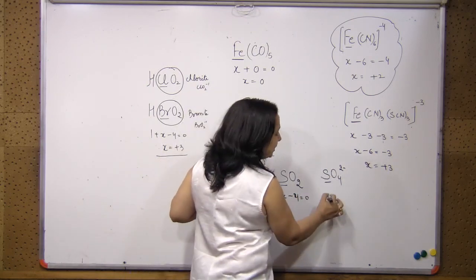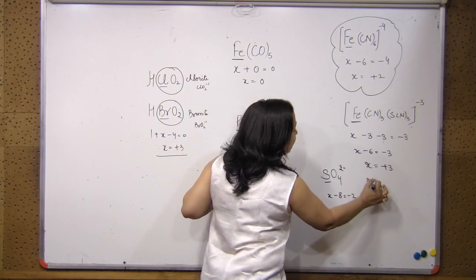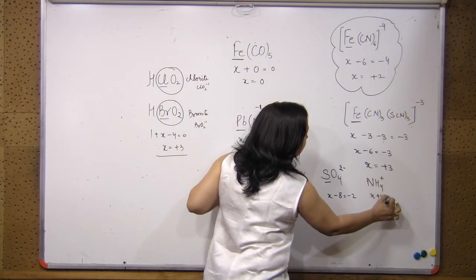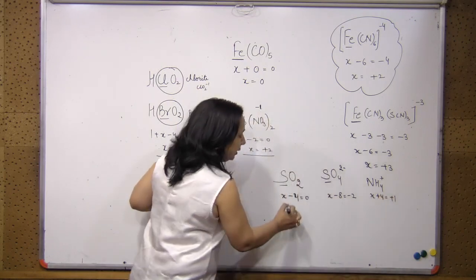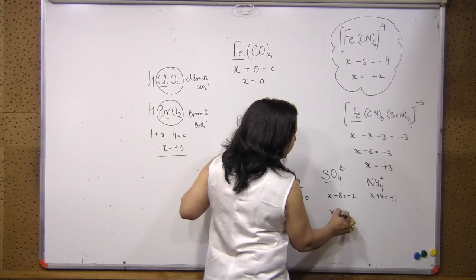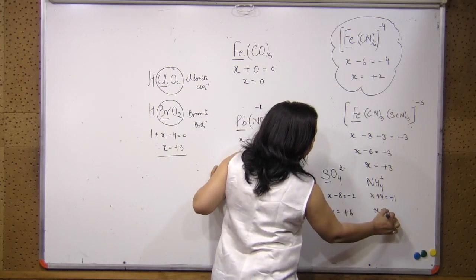For ions, it is written as x minus 8 is equal to minus 2. If it is a cation, NH4 1 positive, it is x plus 4 is equal to plus 1. Here x comes out to be plus 4, plus 6, and minus 3.